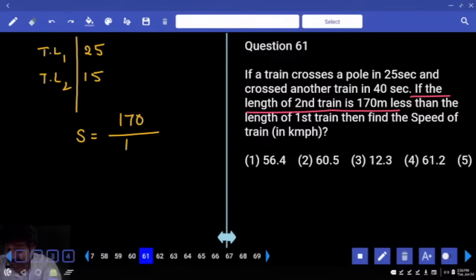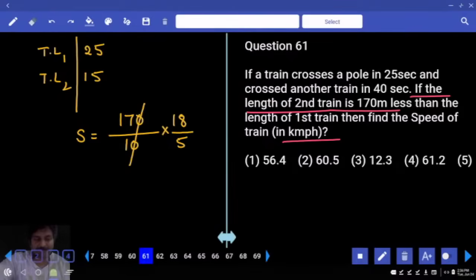Distance difference 170 meters, time difference 10 seconds. So you will get speed in meter per second only: 17 meters per second. But we were asked to calculate in kilometer per hour, so meter per second converted to kilometer per hour is multiplied by 18 by 5. 0 cancel. 17 times 18. Product of consecutive numbers: small number square plus small number, or big number square minus big number.